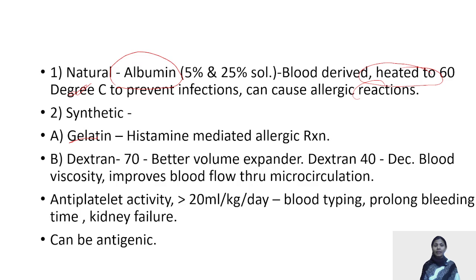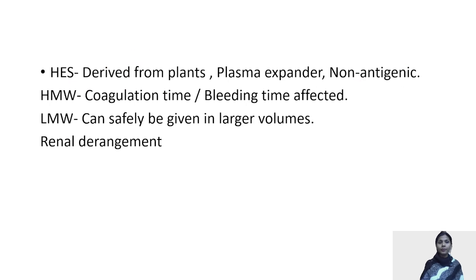And the antiplatelet activity of the colloids has to be taken care of. Thus, blood typing, prolonged bleeding time, kidney failures, they all are the side effects of your colloids. Plus, colloids are known to cause anaphylaxis. I hope I'm very clear.